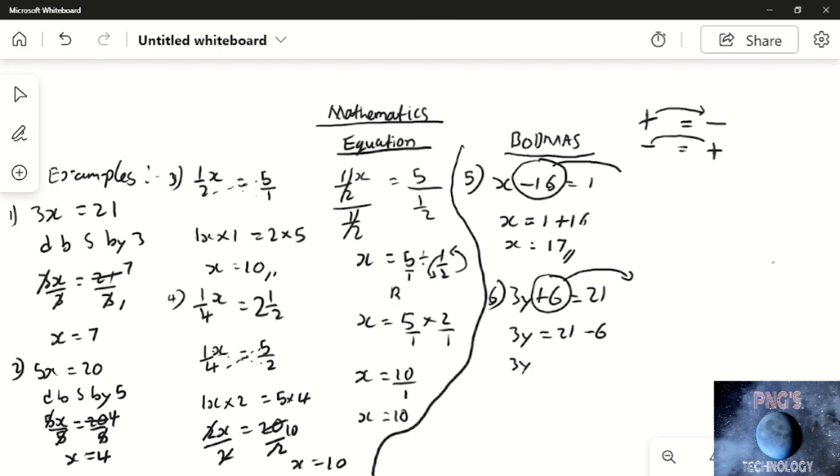So 3y equals 21 minus 6, that's 15. Divide both sides by the coefficient of y, which is 3. 3 cancel 3. 3 cancel 15 5 times, because 3 times 5 is 15. So y equals 5.